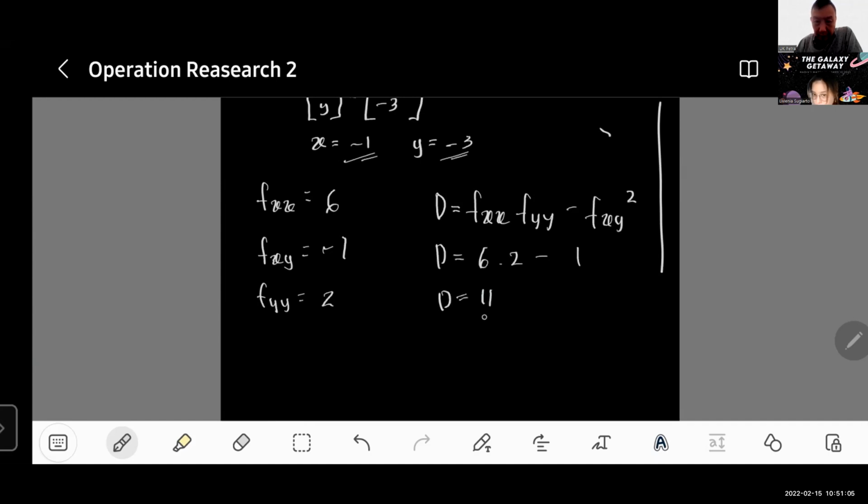So the determinant is positive, right? That means you minimize. Okay, so you minimize that. Very good.